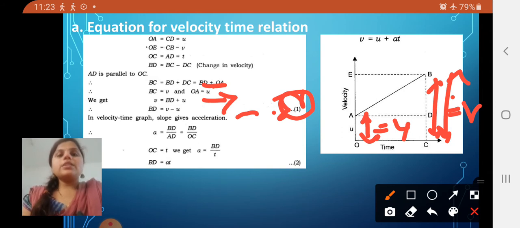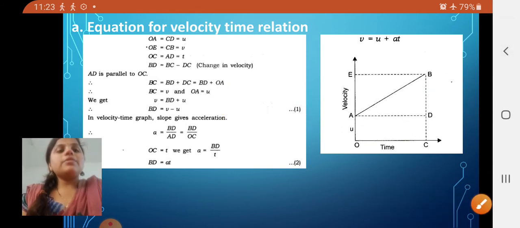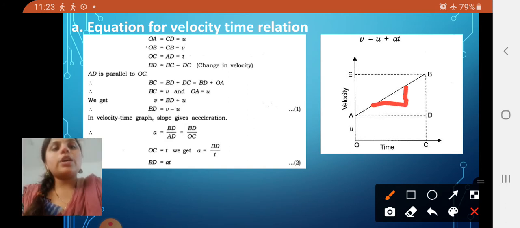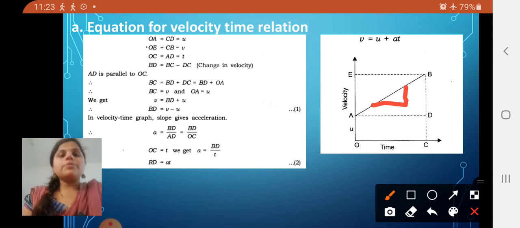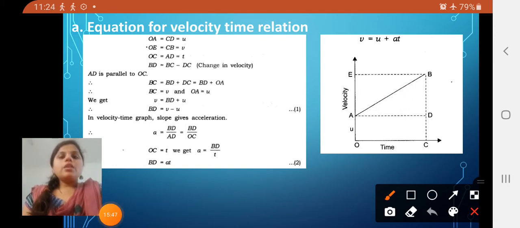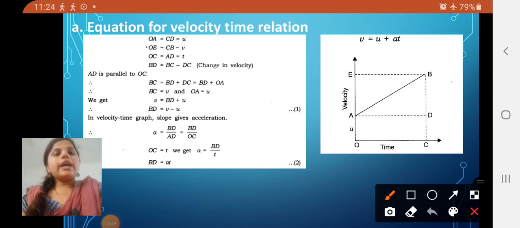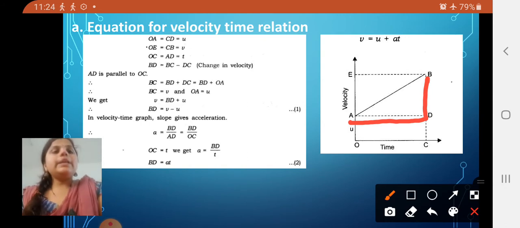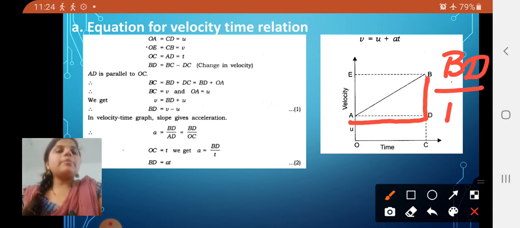Now in the velocity time graph, the slope gives the acceleration. In the last class also I gave the introduction about the slope. So in the velocity time graph the acceleration is given by this slope. The slope is given by BD divided by AD.